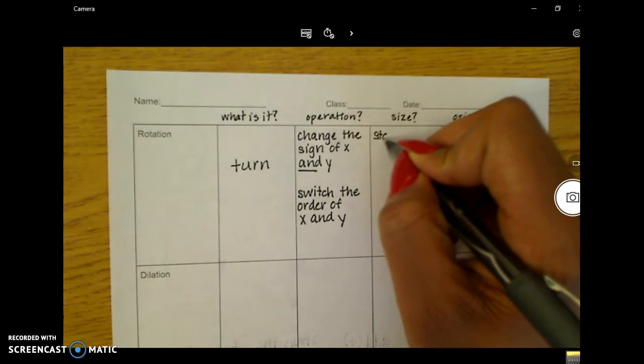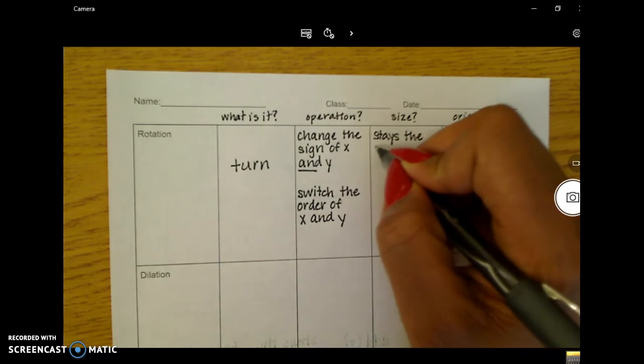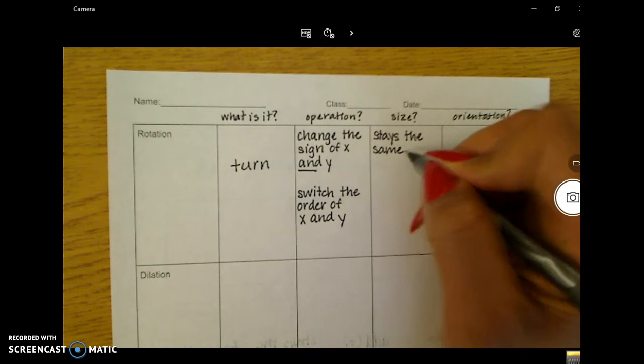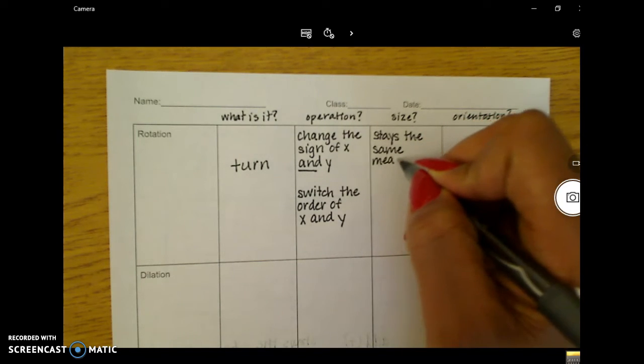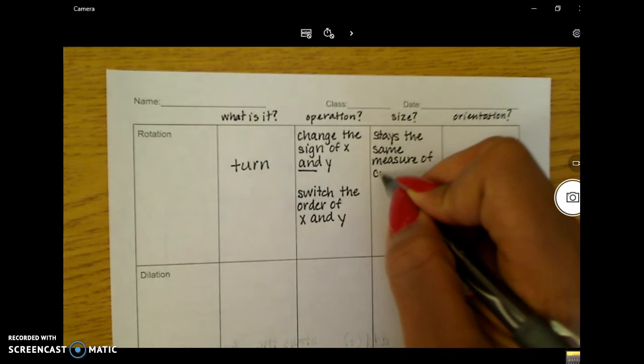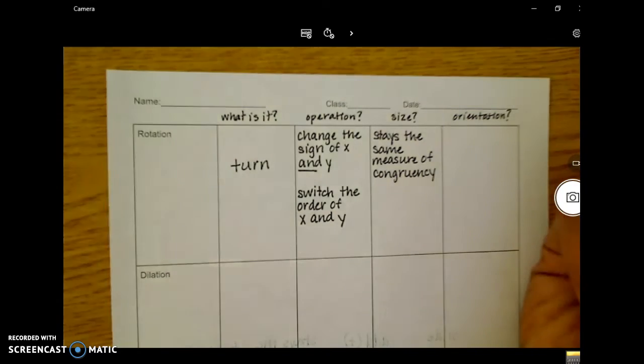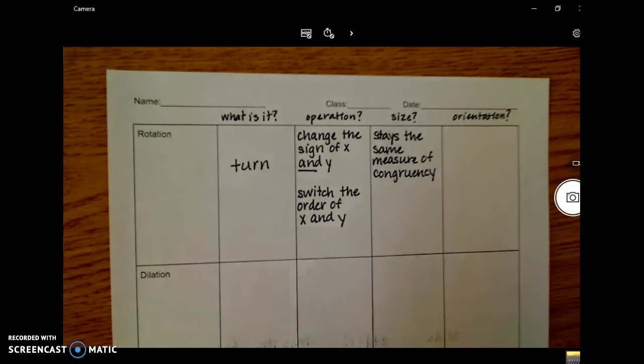It stays the same, the measure of congruency. This is academic language that essentially means that nothing changes, or it maintains the same dimensions, which are size and shape.